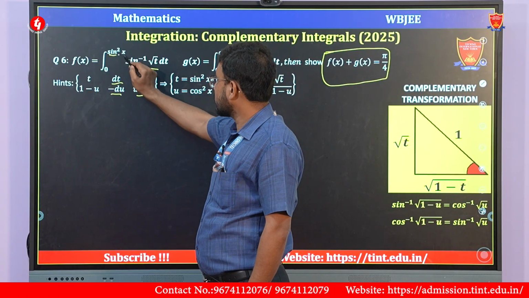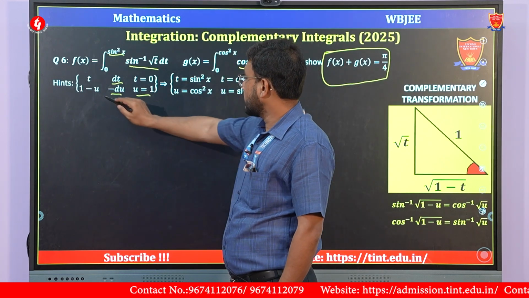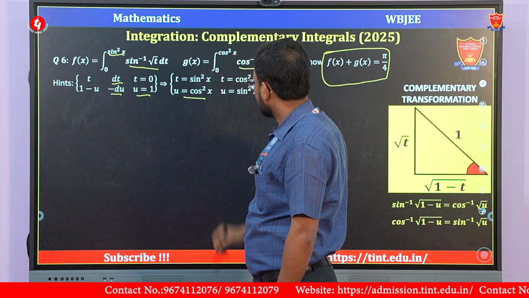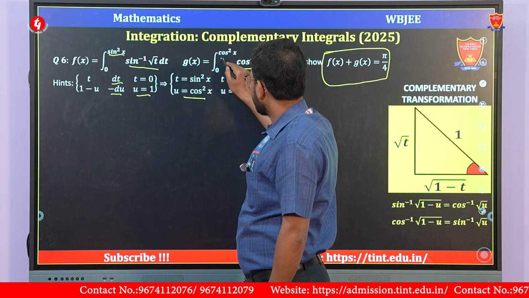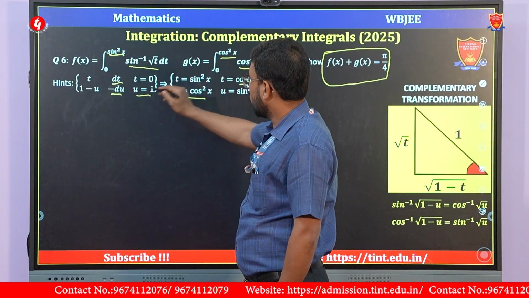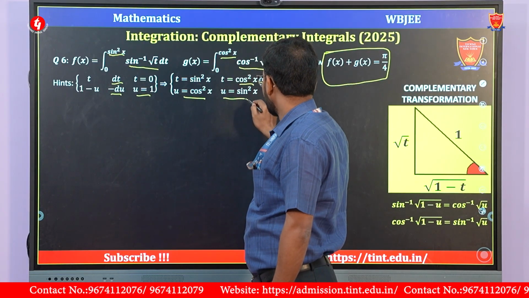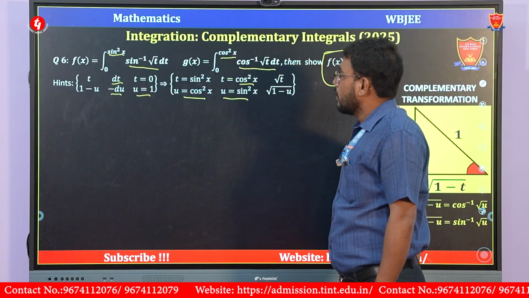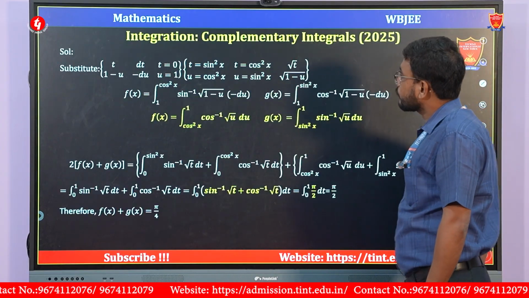Similarly, when t is sin square x, u is 1 minus sin square x, that is cos square x. When t is cos square x, 1 minus cos square x is sin square x. So, this is your transformation.